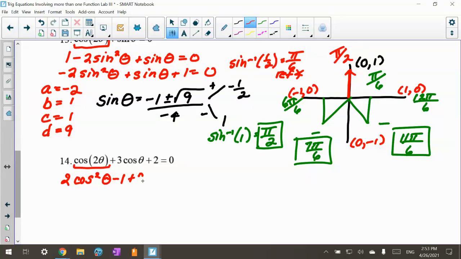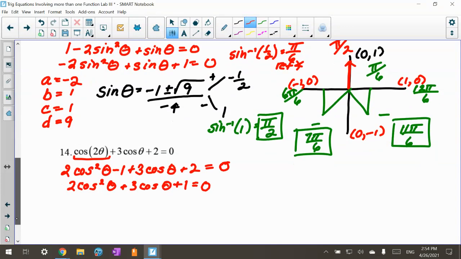Plus, and now I'm going to bring the rest of it, 3 cosine theta plus 2 equals 0. Now I'm just going to combine everything. I'm going to combine the negative 1 and the 2, so I end up with 2 cosine squared theta plus 3 cosine theta plus 1 equals 0.